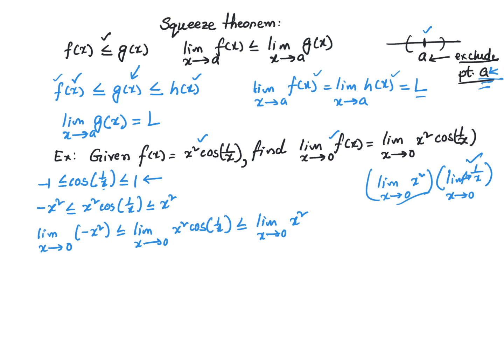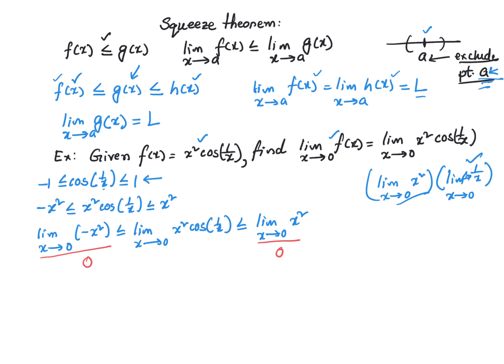Now here is the interesting part, where the squeeze theorem comes into play. As x goes to 0, negative x squared also goes to 0. As x goes to 0, positive x squared also goes to 0.